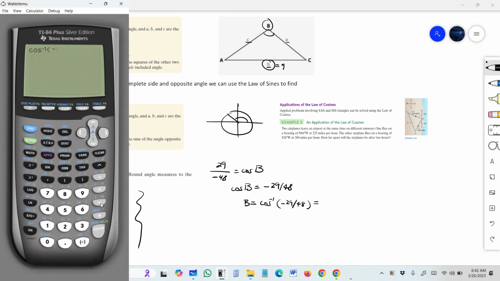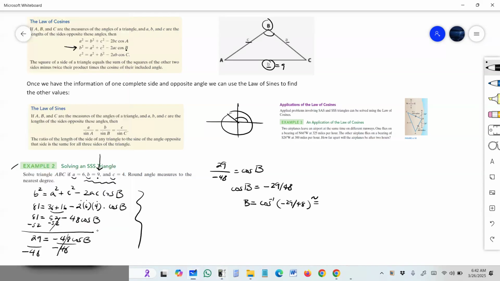Now, don't type in the operation minus. It's the negative symbol right here. 29 divided by 48, and my answer has to be a value greater than 90 degrees. All right, so here it is, 127.16. I'm going to approximate it to 127 degrees. So I found one angle.